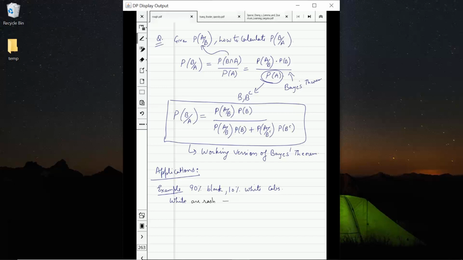They are involved in 5 times more accidents than black cabs per cab, let's say. So normalized to the number, we know that a white cab is 5 times more likely to get into accident as compared to a black cab. You get to know that there has been an accident. Question is, what is the probability that the cab in the accident is white?